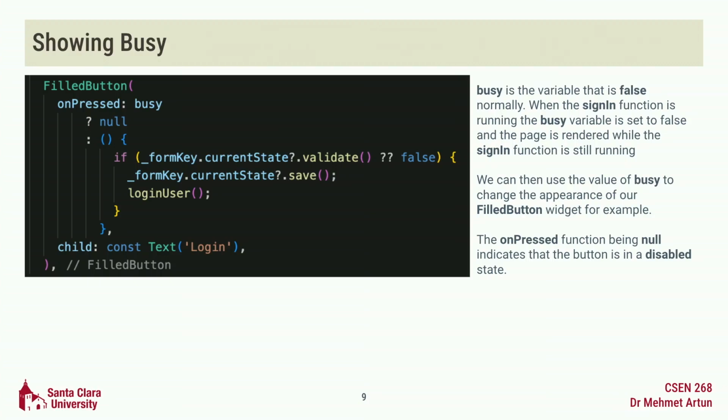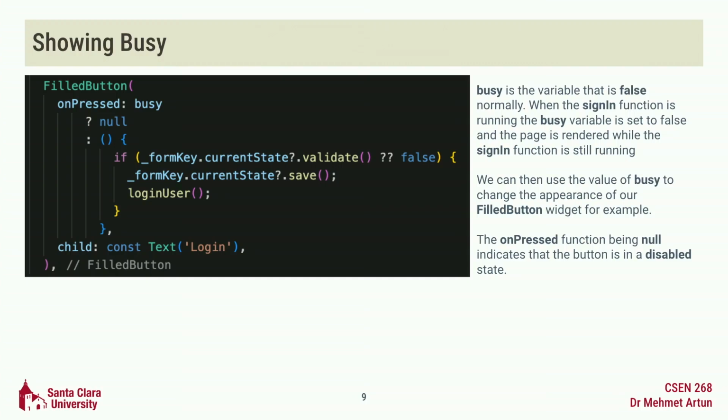So if form key.currentState.validate, what does that mean? So the form key is the key to the form that we have on the platform. Every form item, like an input item inside a form, once you put it inside a form, becomes a form element, okay?